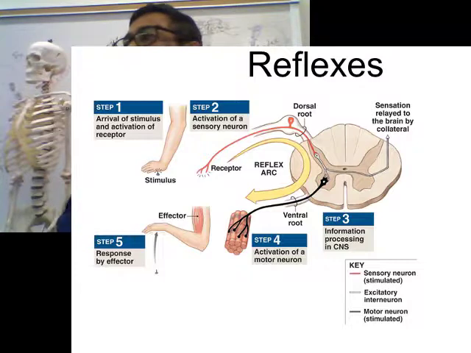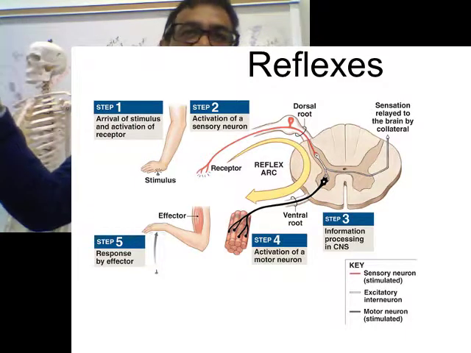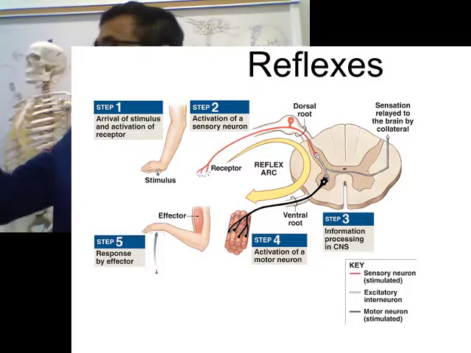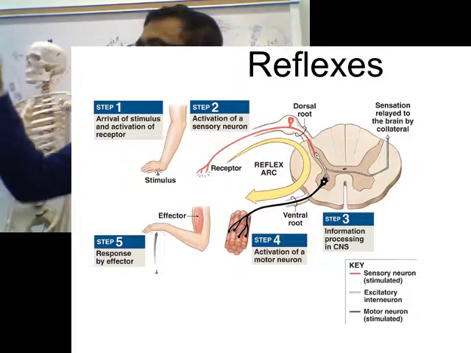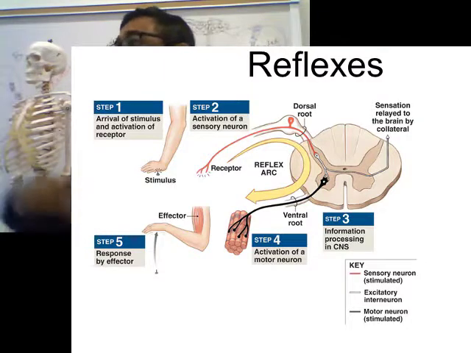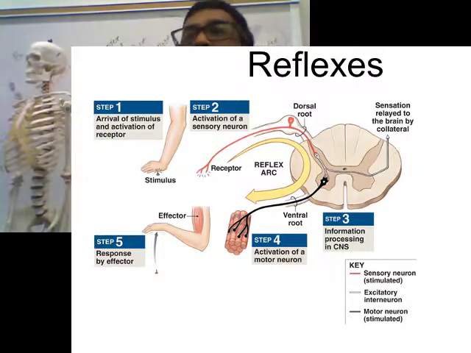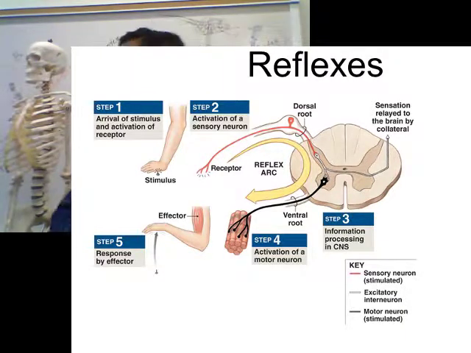And if you present the stimulus again and again, every time the response should be in the same direction, the same way. Make sense? If I put a flashlight on your eye, people will do what? Constrict. Every time people will constrict. It's not like one time constrict, another time dilate. No? Every time, same response. So, three conditions: autonomic or involuntary, rapid, and same response.